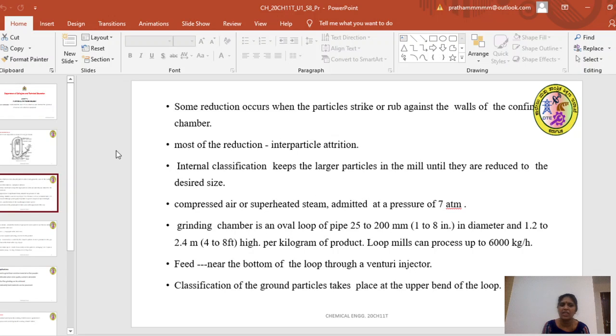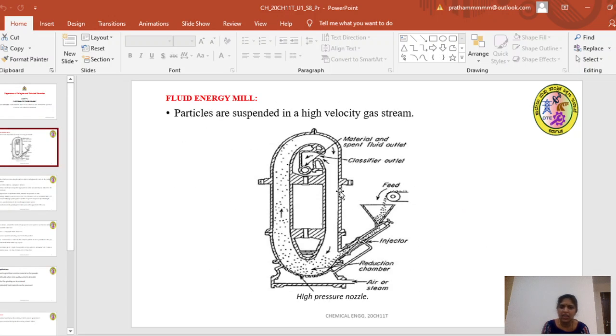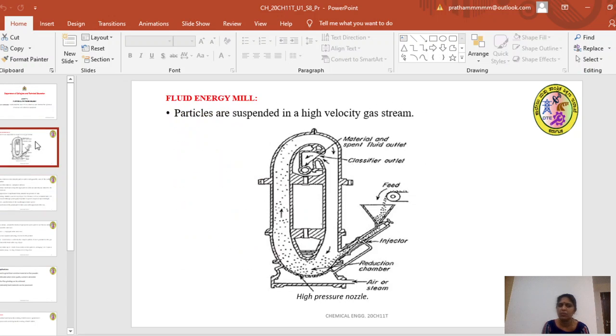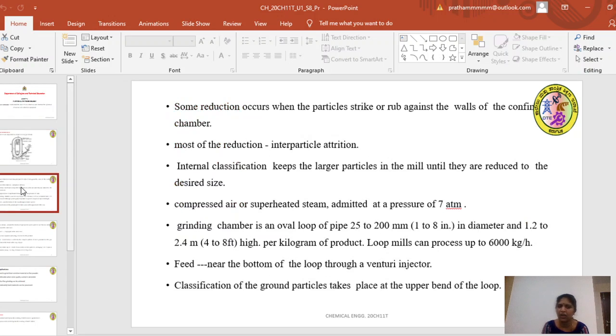The internal classification keeps the larger particles in the mill, and they swirl around this annular area until they have been reduced to a smaller size. Until they are reduced, they keep swirling in the internal classification.